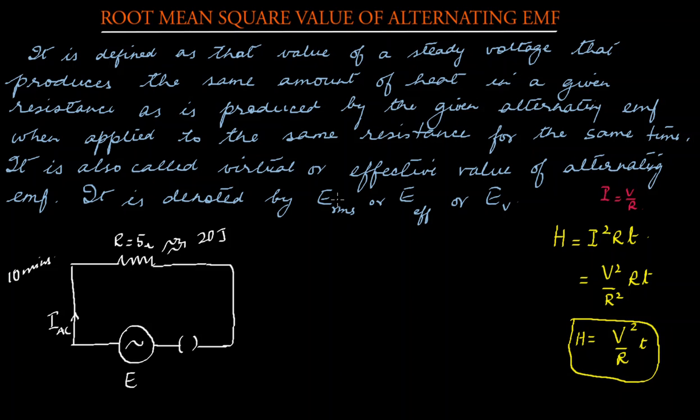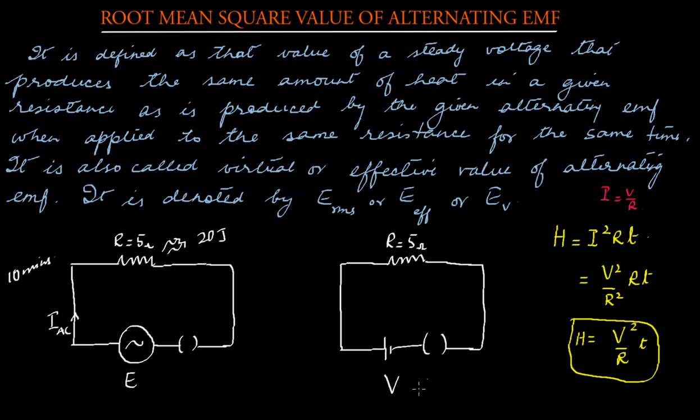Now in the same circuit, with the same resistance, we are going to apply a direct or steady voltage through the same resistance of 5 ohms. How much will be the heat produced? If we first apply a small voltage, then in the same 10 minutes, the heat produced will be small, let's say 5 joules.